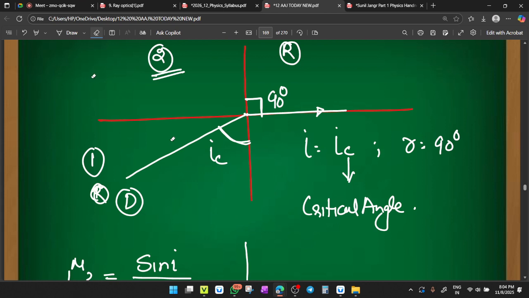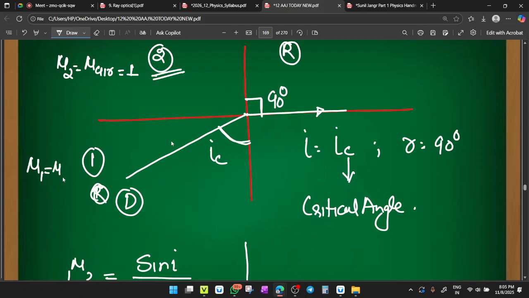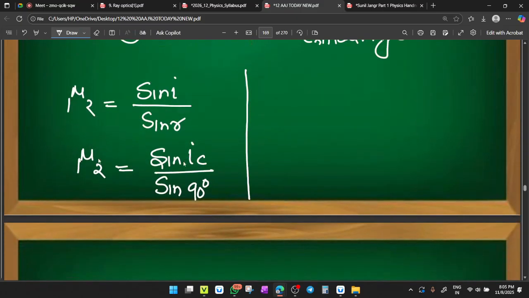If your second medium has some refractive index mu 2, the second medium has to be the rarer medium. So mu 2 equals mu of air, that is equal to 1, and mu 1 equals mu of the medium, because it is the denser one. Now coming to the main formula, 1 mu 2 equals mu 2 upon mu 1, equals sine IC upon sine R. Sine 90 becomes 1.